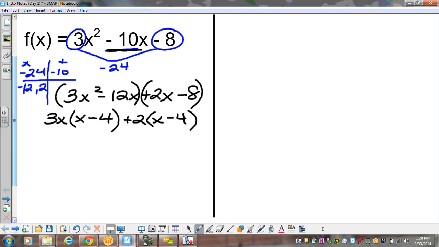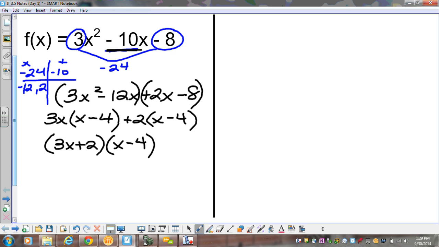Like we've done before, guys, the values inside your parentheses should be the same thing. If they're not, you did something wrong. So your final factoring is 3x plus 2 times x minus 4. Now, are we done solving? No. What do I do with each of these?